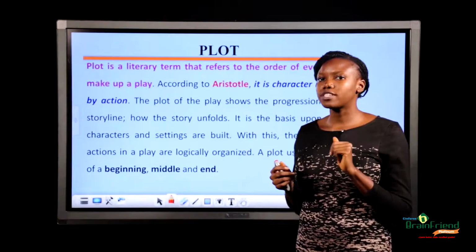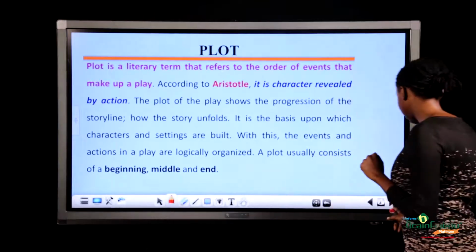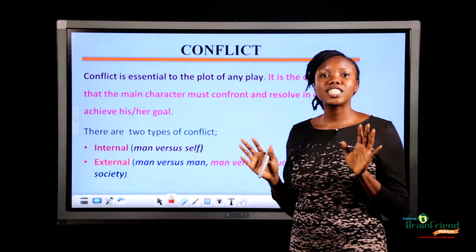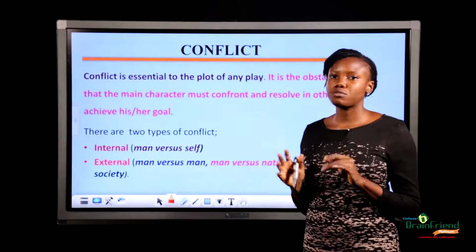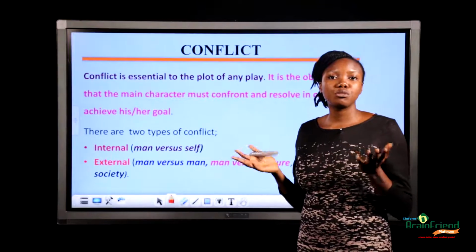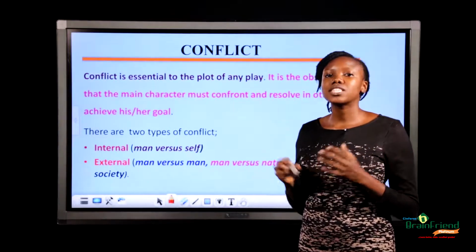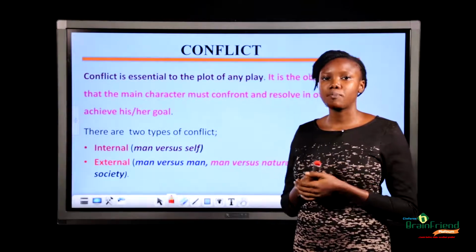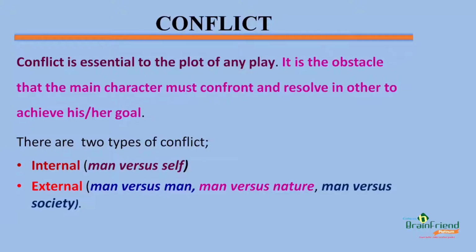So what is conflict? Conflict is essential to any plot of a story. Conflict can be defined as the obstacles, the challenges that a main character or any character faces during a play. This conflict can either be internal or external.